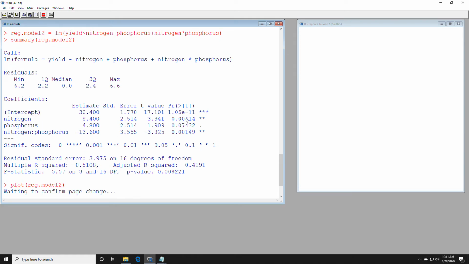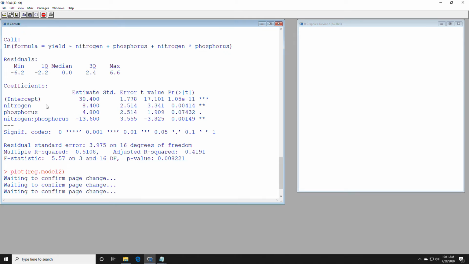So we do unfortunately lose the interpretations, but sometimes you have to sacrifice interpretability for a slightly more complicated model. It's not terribly complicated, it just includes an interaction, but sadly that does kill the interpretation of these coefficients that we had before.